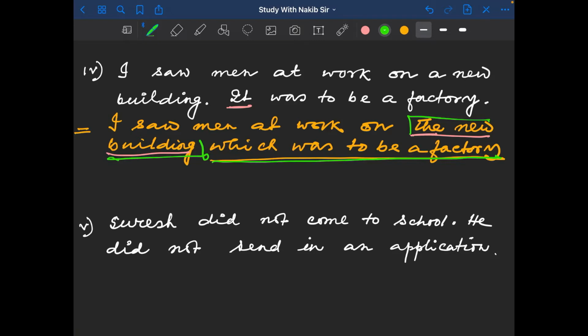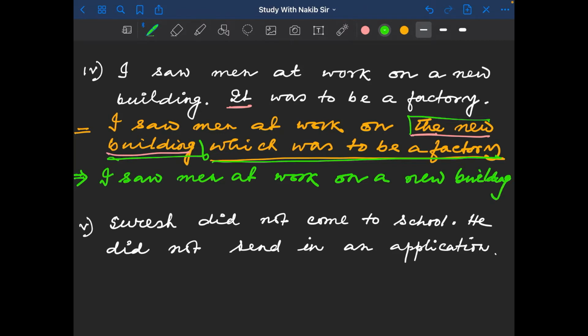Okay, and you may combine the sentences into another way. See how. I saw men at work on a new building, comma, which means and it, which was to be a factory.